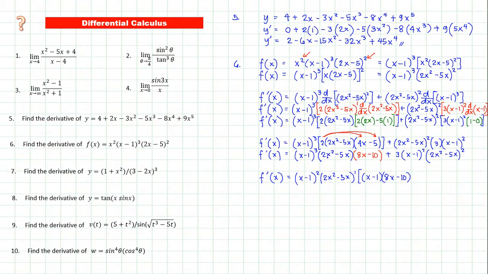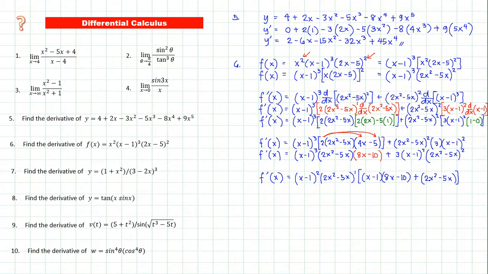So walang natira dun sa ating 2x squared minus 5x. Na-factor out siya completely. Plus, sa second term naman, walang naiwan sa x minus 1 quantity squared, pero may naiwan naman dito sa isa. Sa 2x squared minus 5x, isa na lang yung naiwan. Okay? So, ayan. Ngayon, pwede pa nating i-simplify ito.